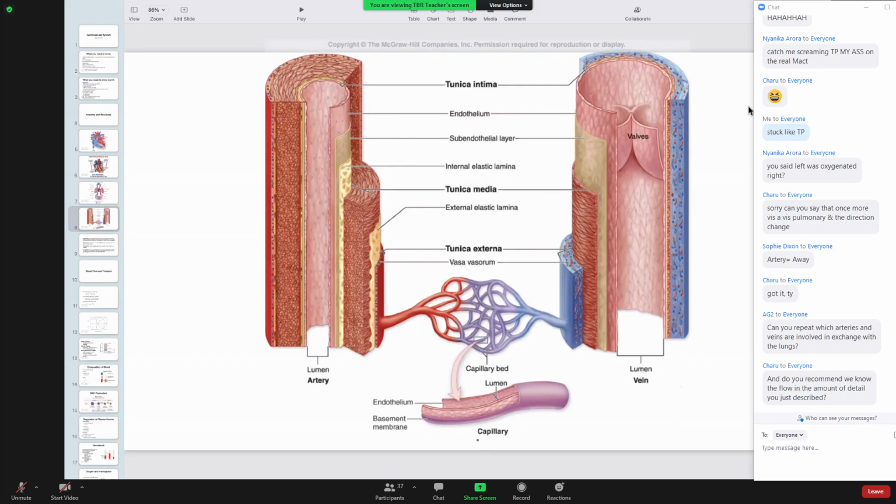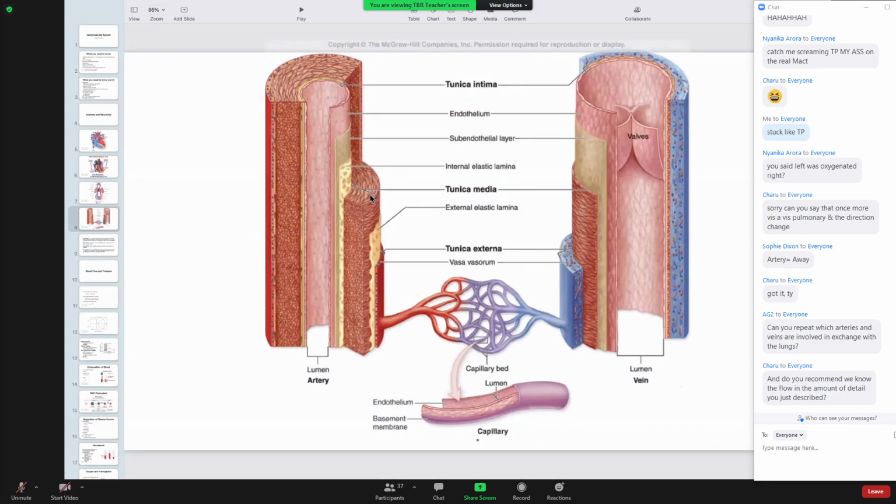It is a very thick wall. And the thickness comes from this middle layer called the tunica media. The tunica media, which I have listed out what's in each layer on the next slide, is a lot of smooth muscle. And so there's a lot of different types of control we could do with the arterial system.